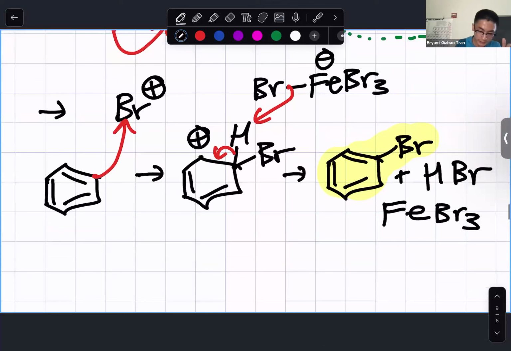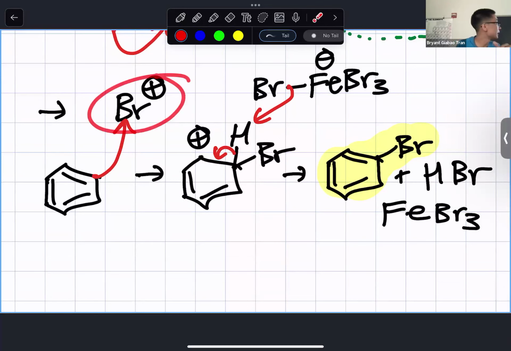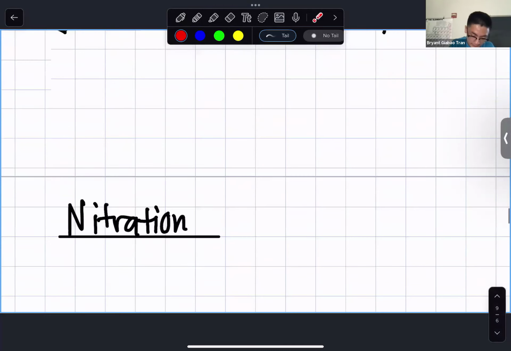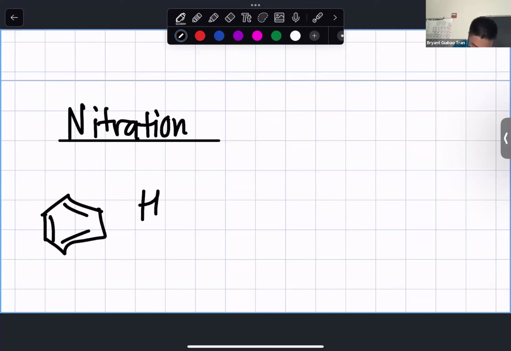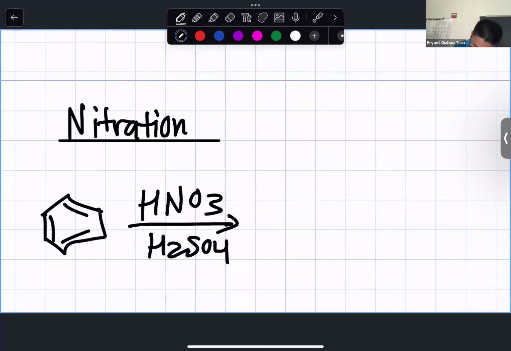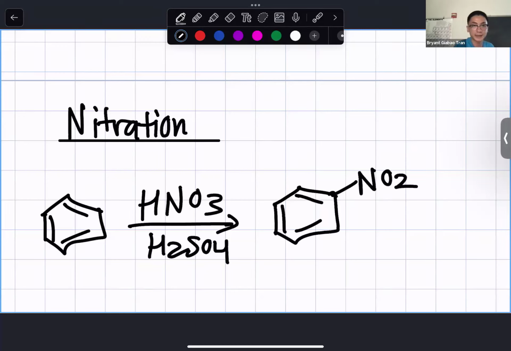For bromination and chlorination, the electrophile was that X plus right there. So for nitration, here's the general reaction. Let's say we have the benzene ring there, and the reagents are going to be HNO3, H2SO4. That is going to attach a nitro group, or NO2, to the benzene ring like that.